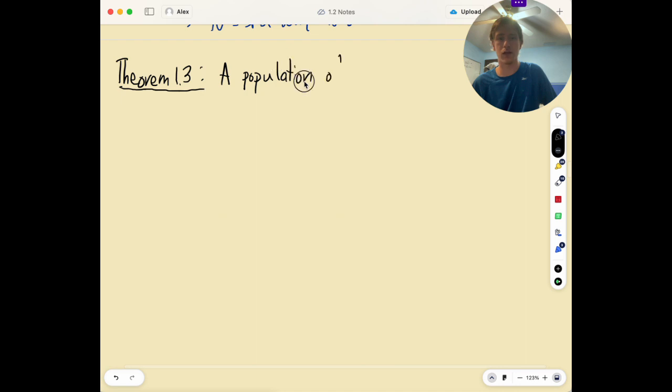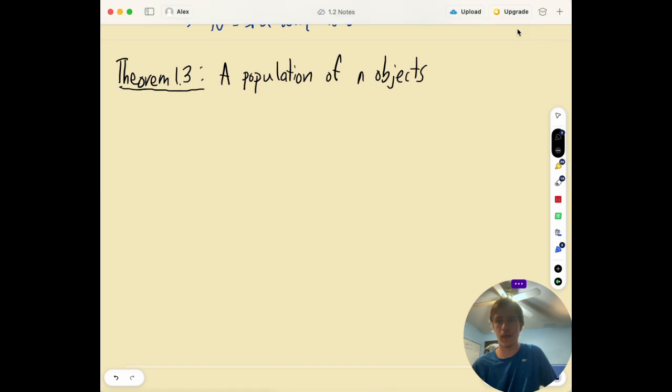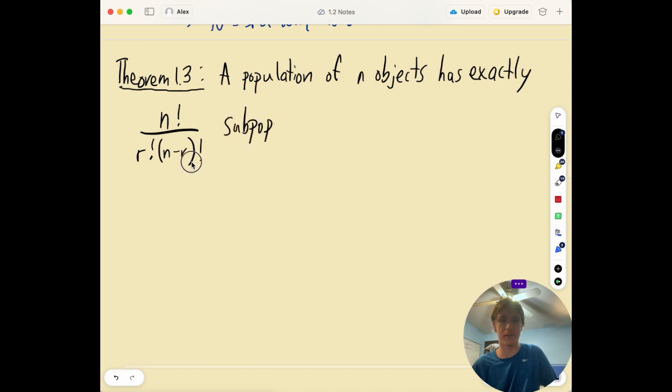A population of N objects has exactly that number of subpopulations of size R.